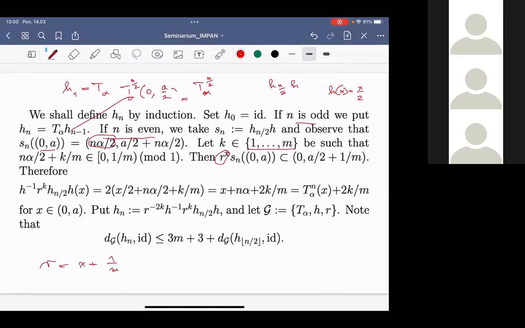And therefore, if we take R to the power k, this will be transformed onto 0 to a over 2 plus 1 over m. So this will be again in the domain where h was x over 2.